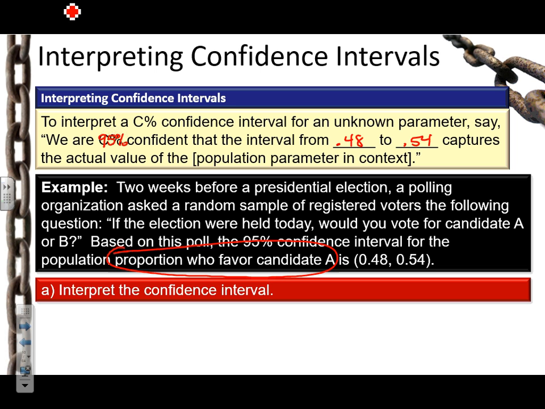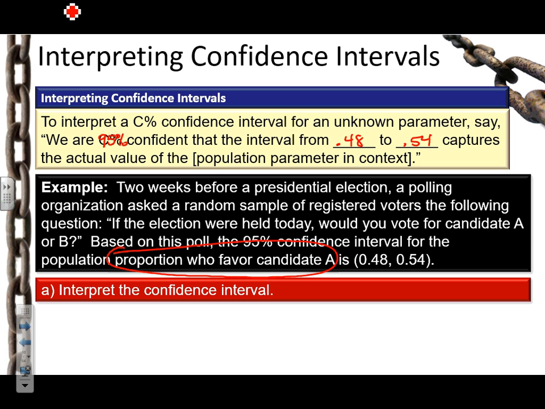That's where the context comes in, guys. So we were talking about proportions, which means my parameter is a proportion of something. Okay? So when we go to fill this in, the confidence level and the blanks are very easy, because they're going to tell you the confidence level and they're going to give you the low and high value. So we're 95% confident that the interval from 0.48 to 0.54 captures the actual value of the proportion who favor candidate A. Okay? So we're going to capture the true proportion of people who favor candidate A.